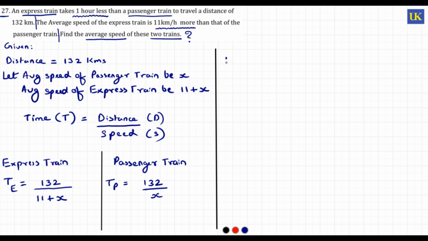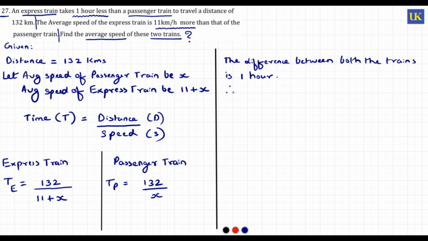Okay. Now what we will do? We know that the difference between both the trains is of 1 hour. So the difference of time between both the trains is how much? Of 1 hour.